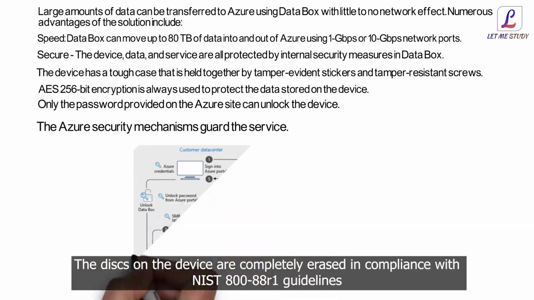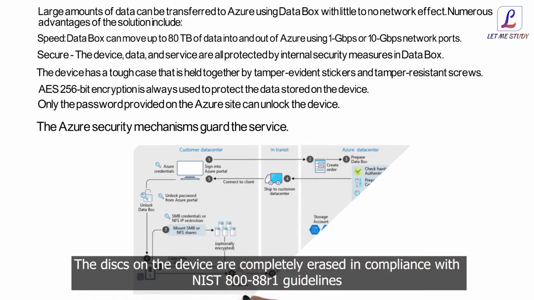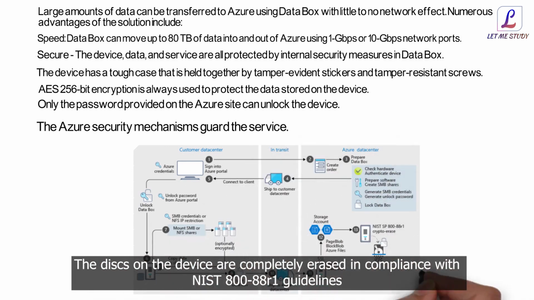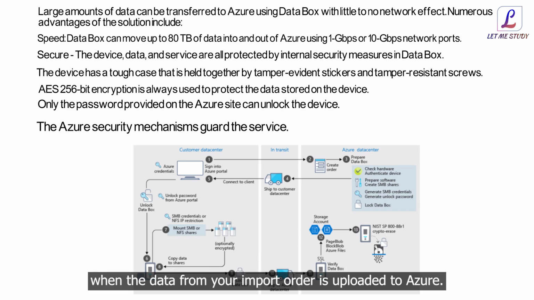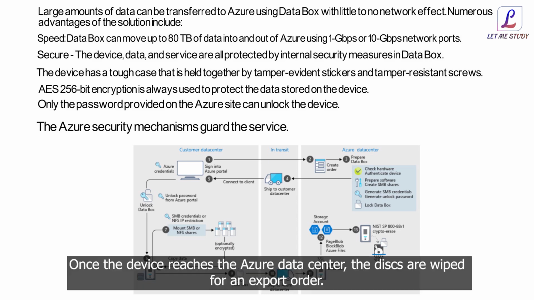The disks on the device are completely erased in compliance with NIST 800-88R1 guidelines when the data from your import order is uploaded to Azure. Once the device reaches the Azure data center, the disks are wiped from an export order.